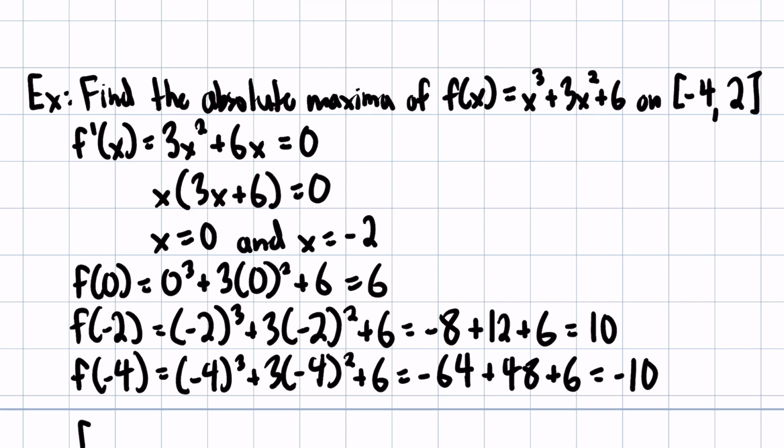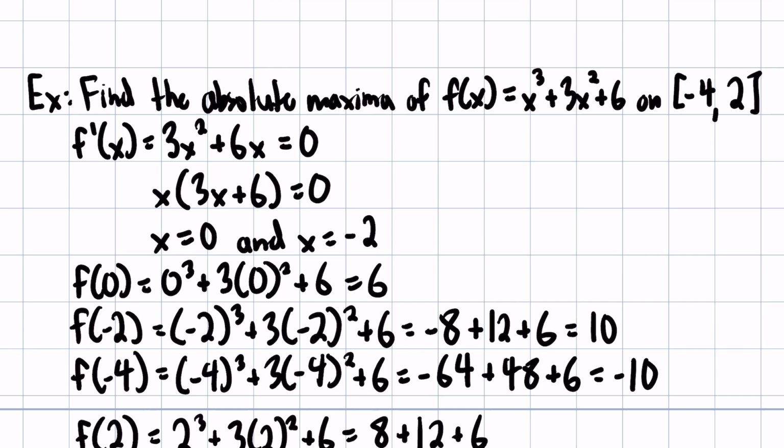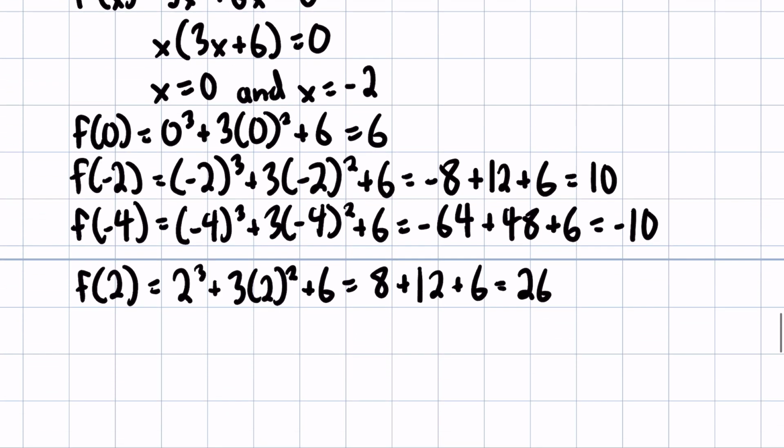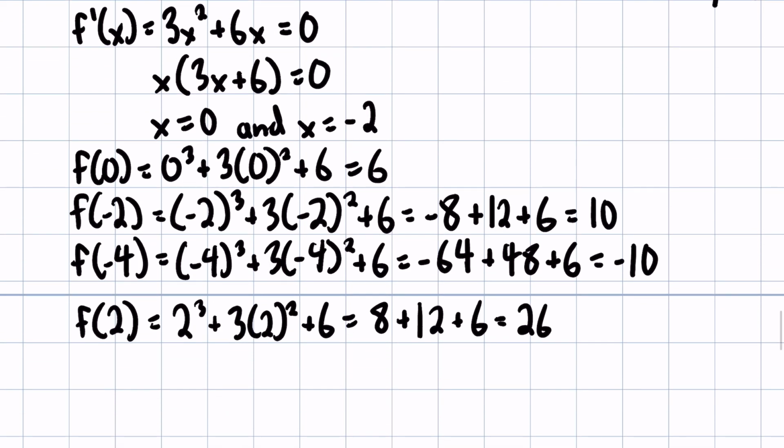Now we plug in the right endpoint of the interval, which is 2. We have 2 cubed plus 3 times 2 squared plus 6, which is 8 plus 12 plus 6. And that will give us 26. So the biggest value we got is 26, and the smallest is -10.